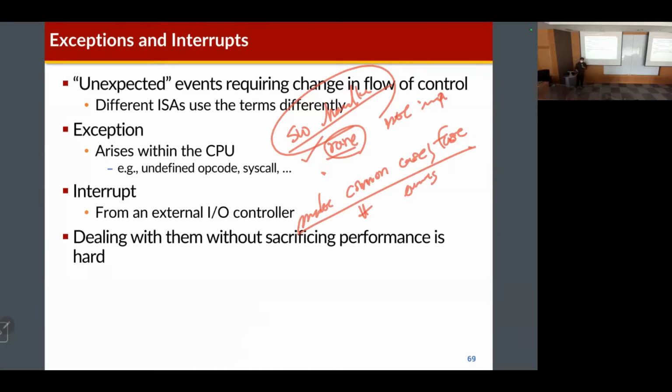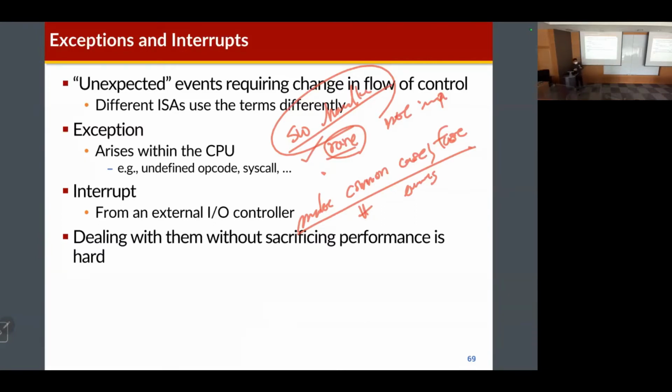So we can think that these events are frequent and fast to humans. But to the computer processor, the clock frequency of a normal computer processor is around 3 to 4 gigahertz. It's very fast. Compared to the clock frequency of the processor, the events from the input and output devices are very slow and rare.